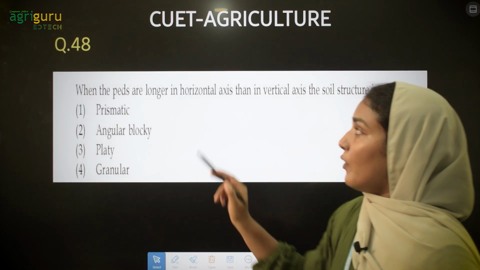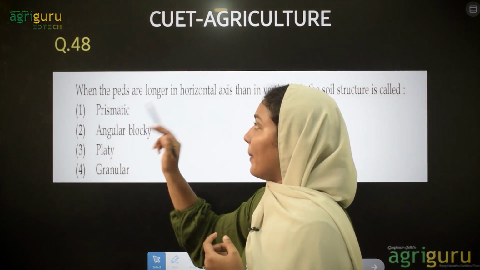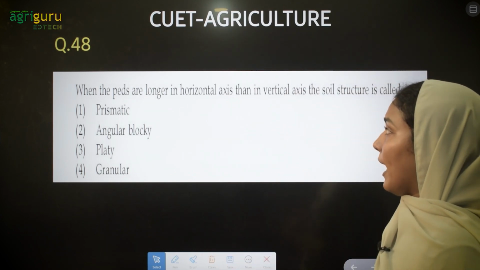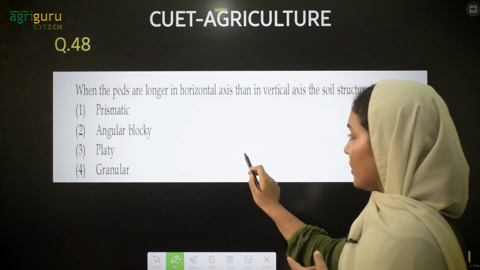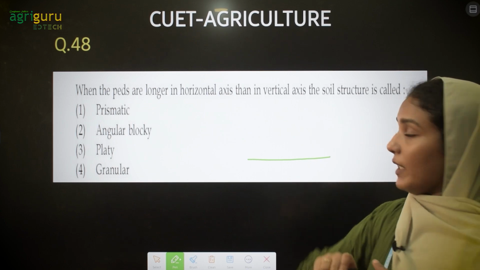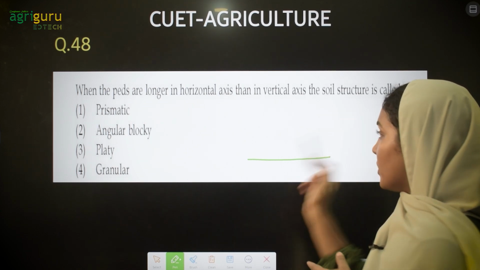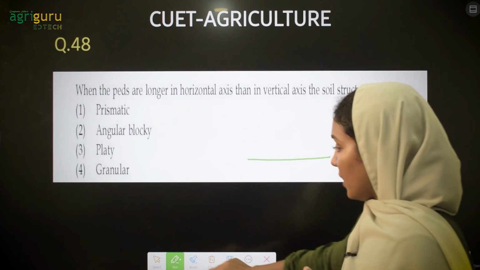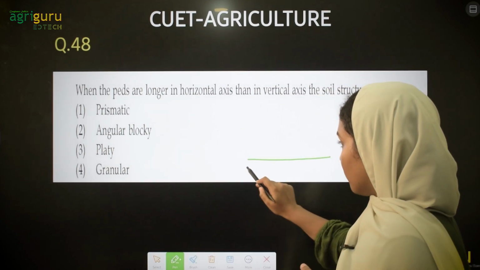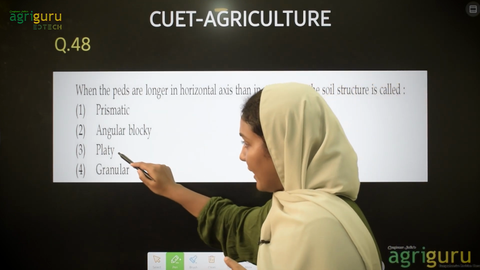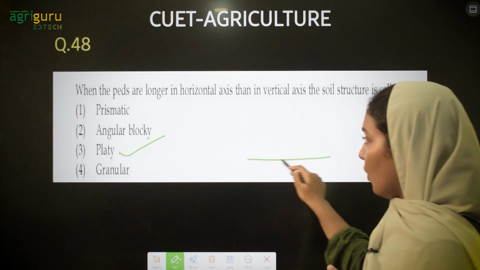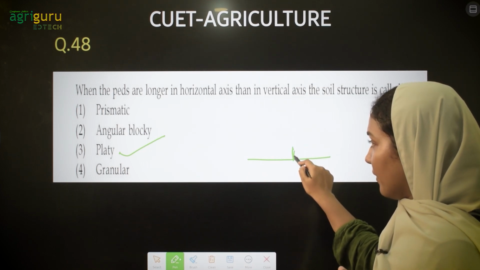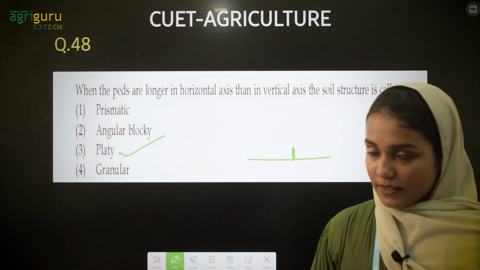Next, the 48th question. When the peds are longer in the horizontal axis than in the vertical axis, the soil structure is called platy structure. They are more in the horizontal than in the vertical, so they are platy structures.